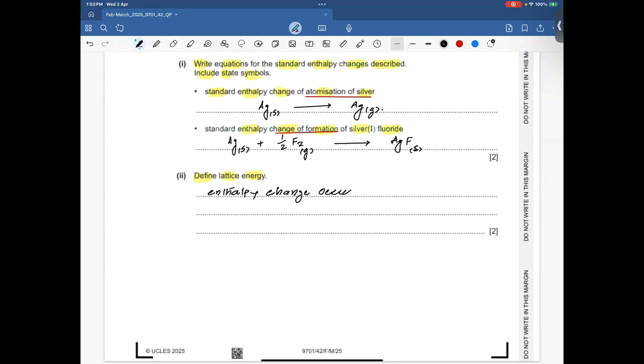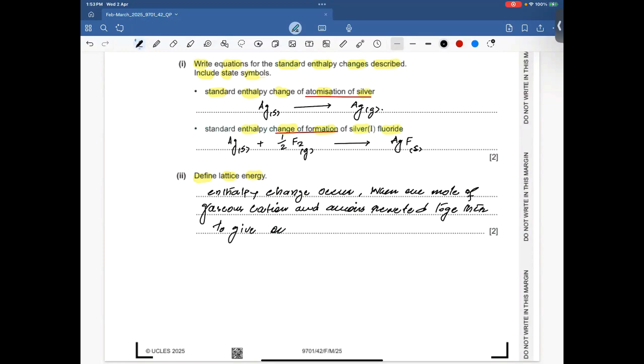Enthalpy change occur when 1 mole of gaseous cation reacted together to give 1 mole of ionic solid under standard condition.